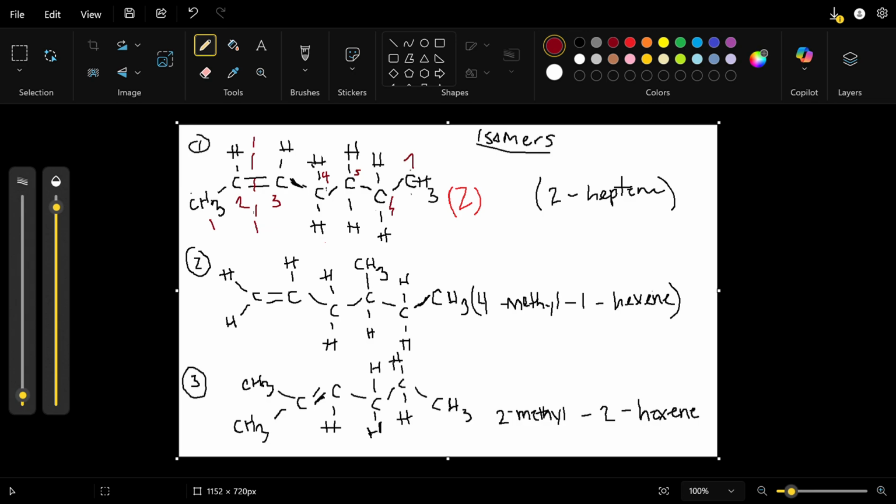In this case, we have a hydrogen and a methyl group. The methyl group should weigh more, it has a higher atomic mass, so this one has more priority. And on the other side, you have CH2 or a hydrogen, and of course it'll be CH2.